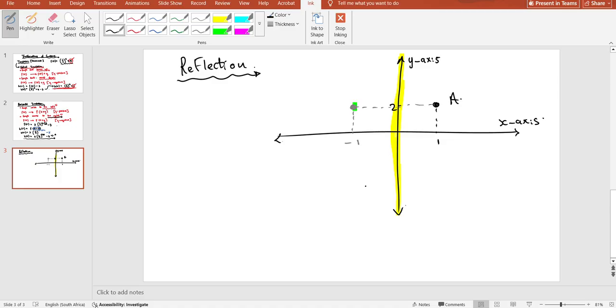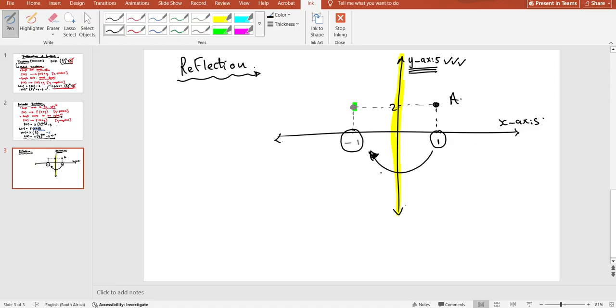So what am I trying to show you? What is Mr. Malaji trying to get across with this example here? I'm trying to get across that if it's a y-axis reflection, what actually changes is not the y, but the coordinate of the x. That's the one that changes. Again, if it's a y-axis reflection, what changes is the coordinate of the x.